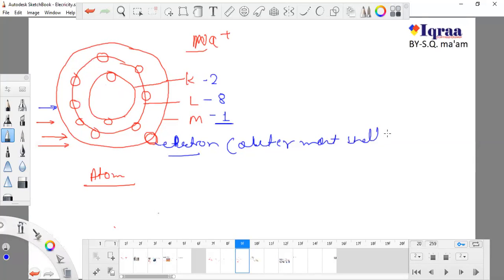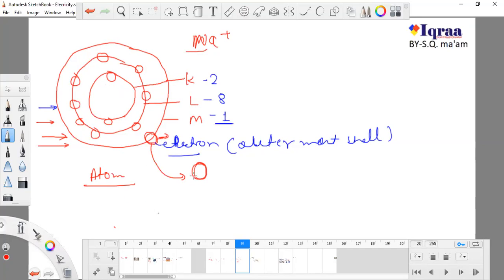If I use that amount or that magnitude of force, I will make this electron come out from this shell.